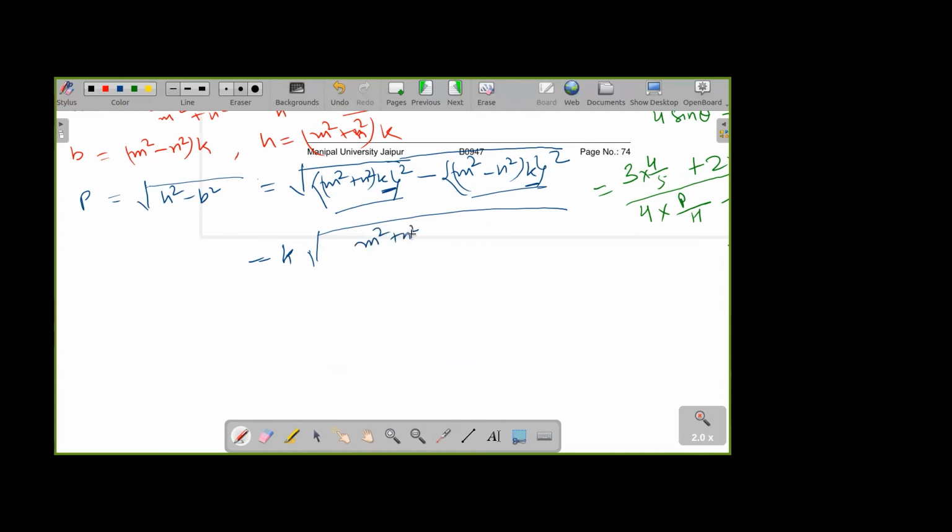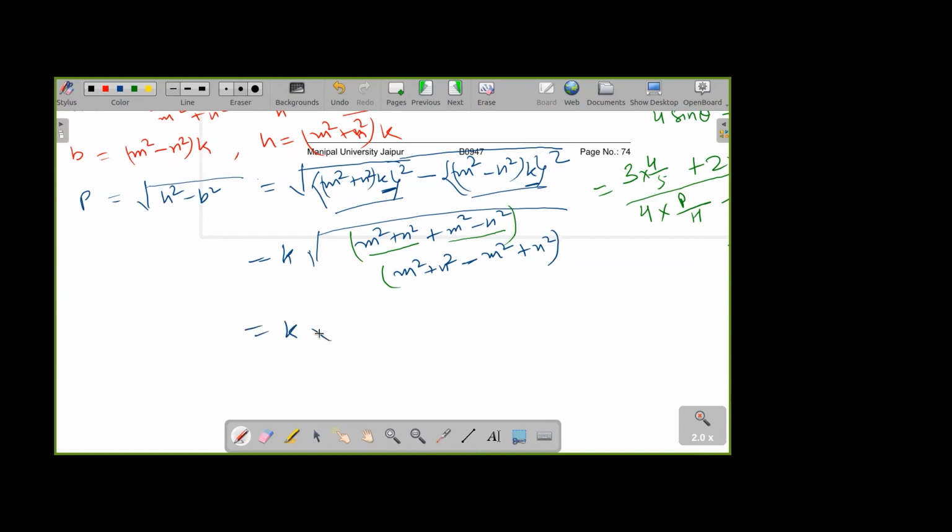I will mark that a and this is b. First we do plus with both terms, so it will be m square plus n square. And remember, if I do minus here, then the sign will change. So plus m square becomes minus m square, and minus n square becomes plus n square.